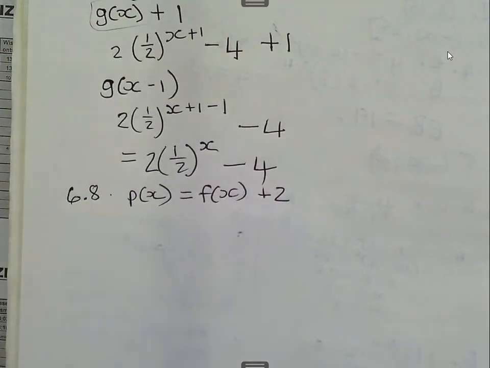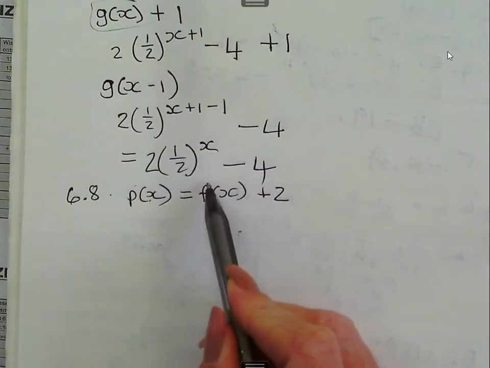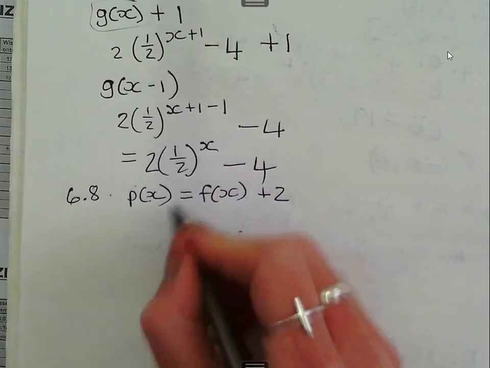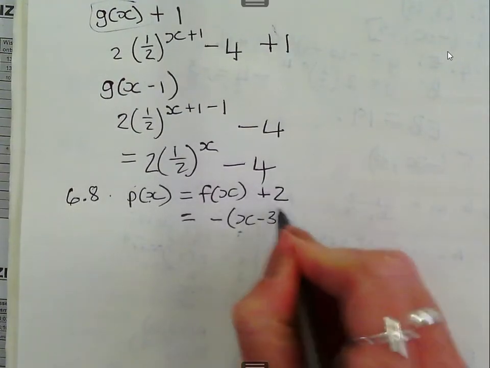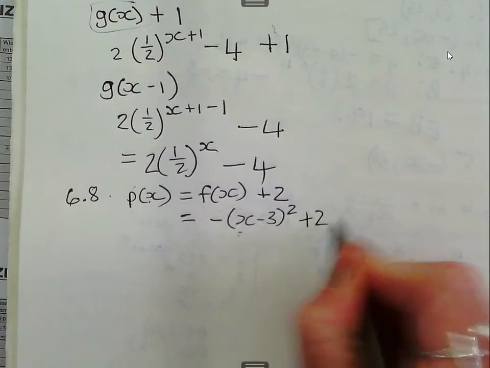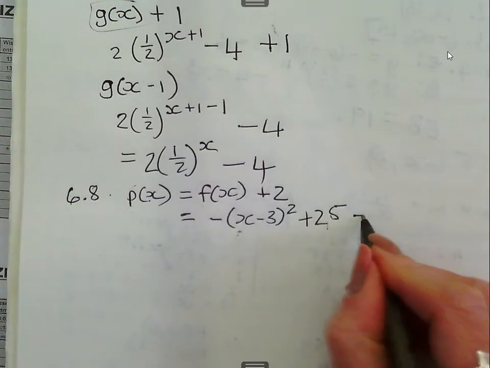Okay, not one that we have already. But what is different in this graph than the graph we have? F is negative bracket x minus 3 close the bracket squared plus 25. P is this whole thing but plus 2.